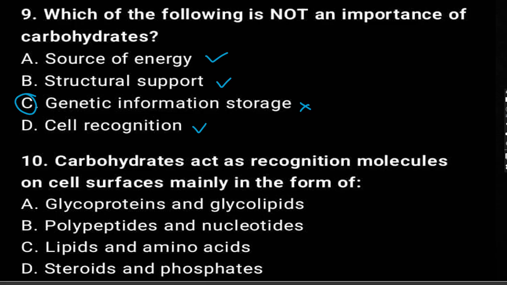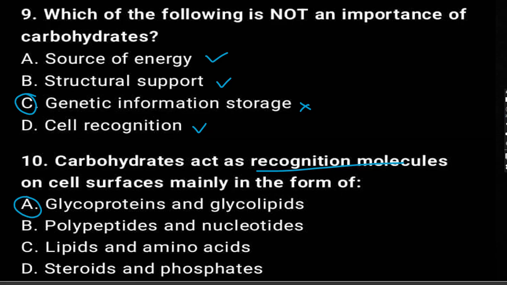The last but not the least: carbohydrates act as recognition molecules on cell surfaces. I also talked about this in the videos on cytology: carbohydrates act as recognition molecules in the form of glycoproteins and glycolipids.